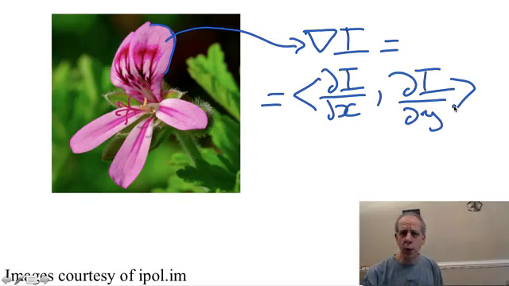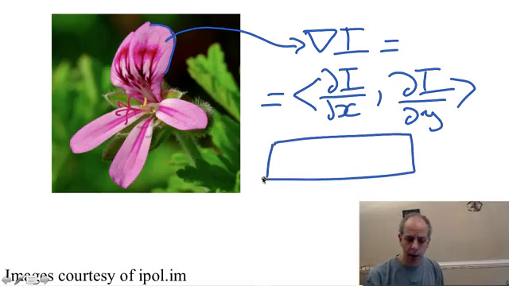We talked about how to implement that a few weeks ago. For example, a derivative in the x direction we could do with a simple filter of +1, -1.